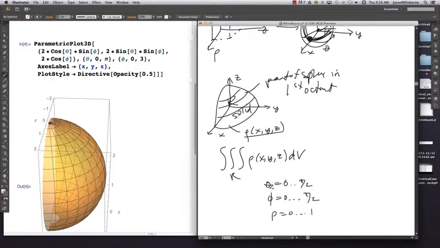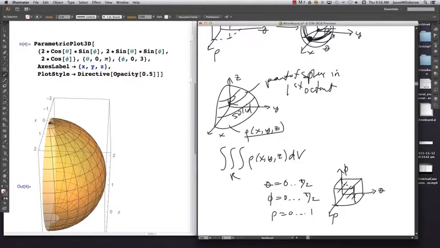So if you let theta, phi, and rho be all the values between 0 and pi over 2, 0 and pi over 2, and 0 and 1, that would be a cube from 0 to 1, 0 to pi over 2, and pi over 2 in the phi direction, the theta direction, and then the rho direction. You would have a cube that looked like this.